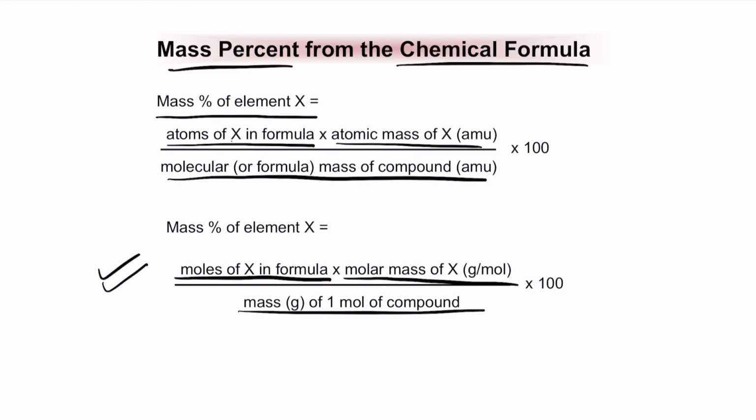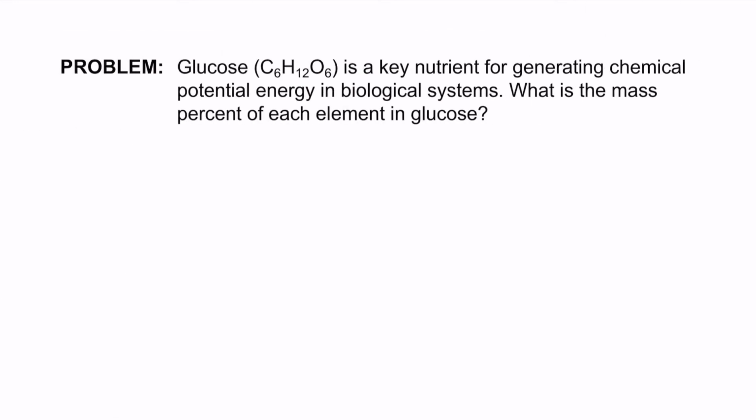We don't want to confuse atomic mass and molar mass, so I'm going to use the second one. Now let's take glucose here. Glucose is C6H12O6. For our understanding, let's consider that there is 1 mole of glucose.